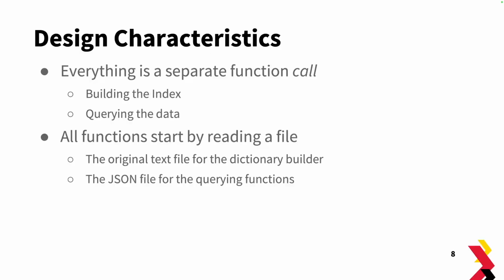The second characteristic, because all of them are completely separated, all functions have to start by reading a file. The original text file is used for building the index. And the output of the dictionary builder, which is the JSON file, is used for the querying functions.